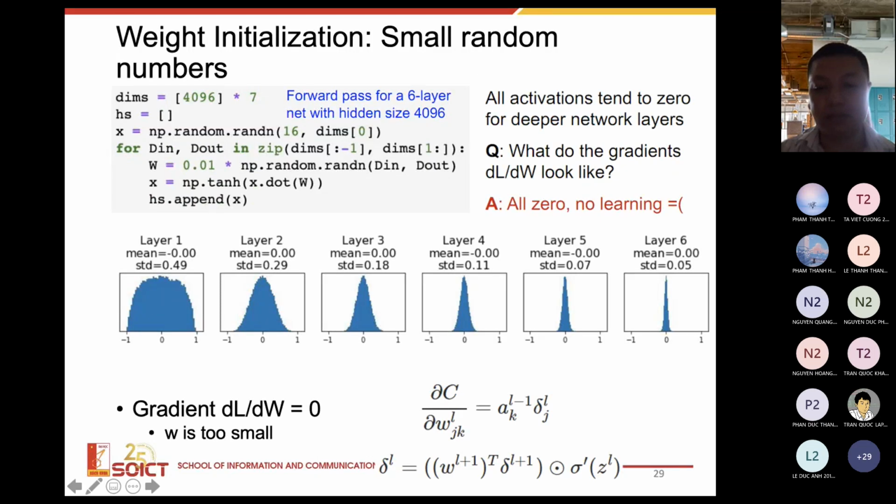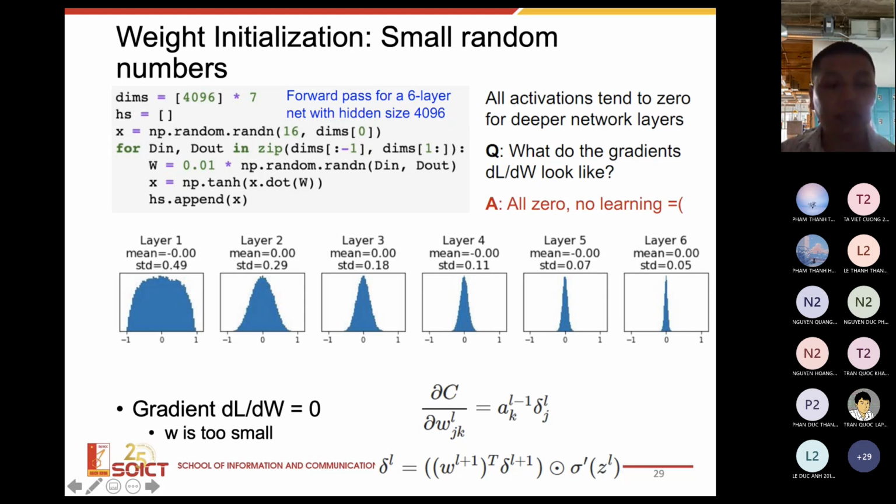This is a visualization for small random numbers. In this implementation, we have 6 layers, and this is the output after the first layer, the second, the third, the fourth, the fifth, and then the sixth.